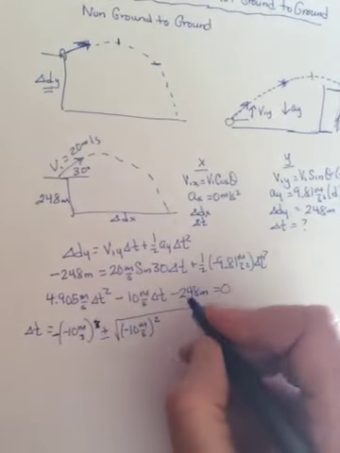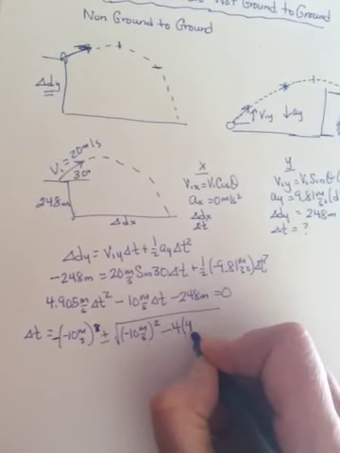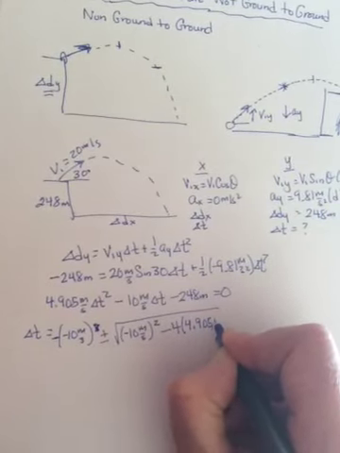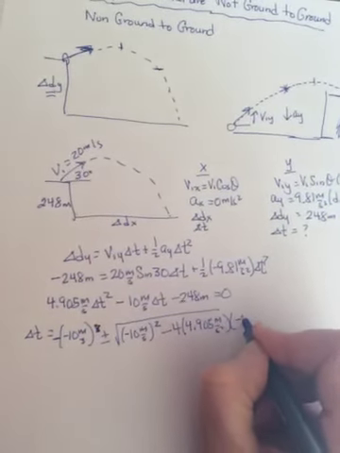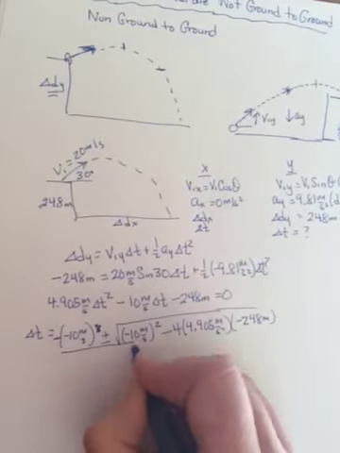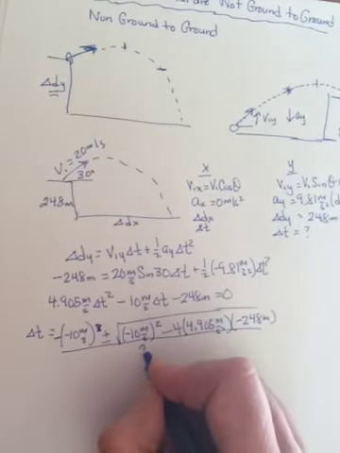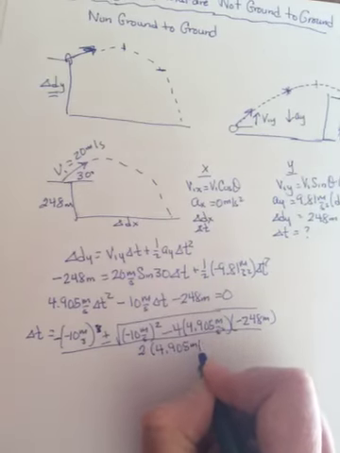There's the b squared. Minus 4a is 4.905 meters per second squared, and then c is negative 248 meters, and then the whole thing gets divided by 2a, 4.905 meters per second squared.